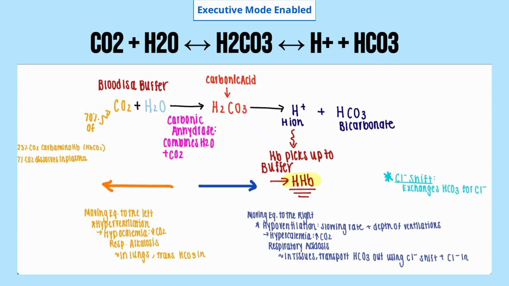Hemoglobin picks up some of that hydrogen ion to buffer the blood, forming HB, which increases the pH, makes it more basic by taking some of the H out. And then bicarbonate is able to be exchanged for chloride with the chloride shift to help the equation be driven to the right.